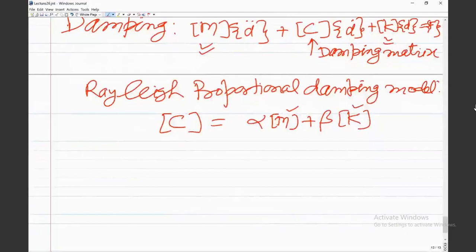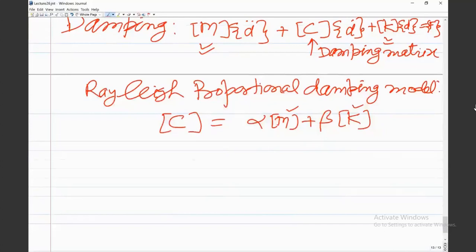Here M and K are known, but how do we get alpha and beta? To get alpha and beta, we depend on experiment. We need to know experimental damping factors, and from there we can get these two constants alpha and beta. Alpha is a mass proportional term and beta is the stiffness proportional term.